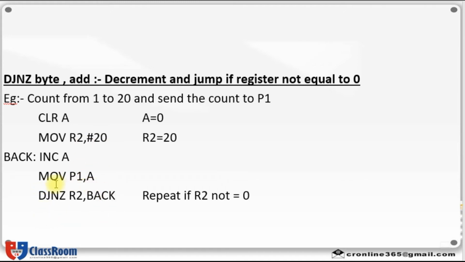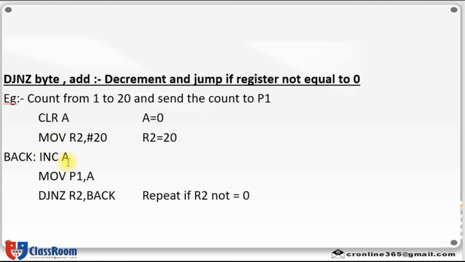By using this instruction DJNZ, decrement and jump on non-zero, R2. So first this R2 value will become 19. Then this instruction is again executed. Increment A, 1 becomes 2. Then this 2 value is sent to port 1. Then decrement jump on non-zero, R2 value becomes 18.